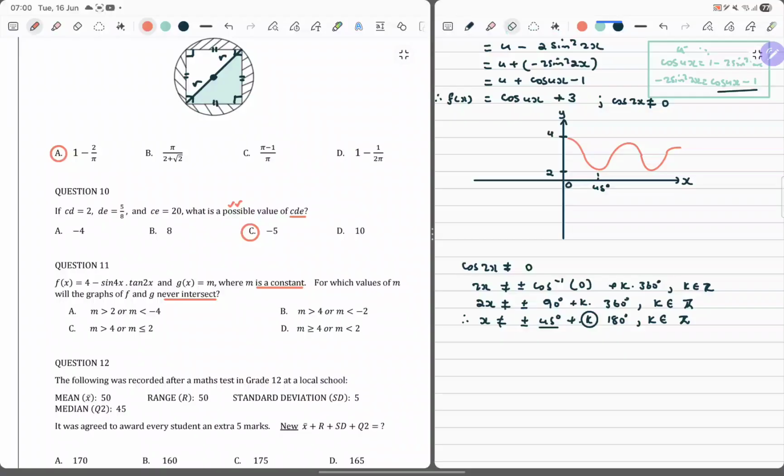Now that value at the minimum, as I said, is going to give us a hole because that expression kind of divided out. So a hole becomes an open circle like that, meaning that point is not part of this graph.